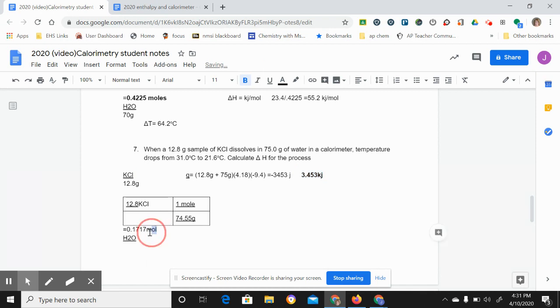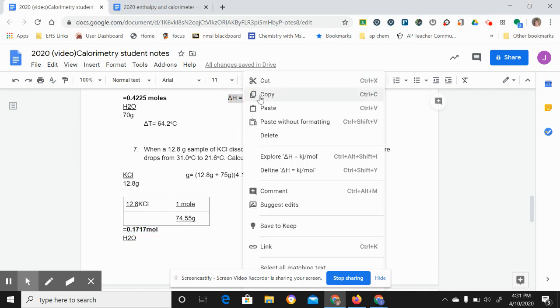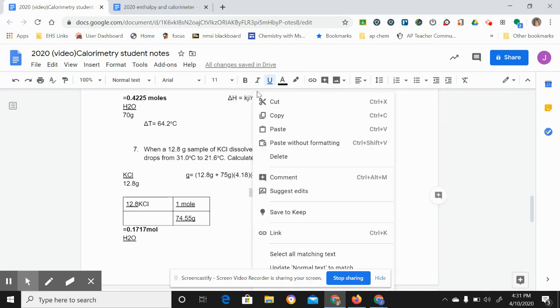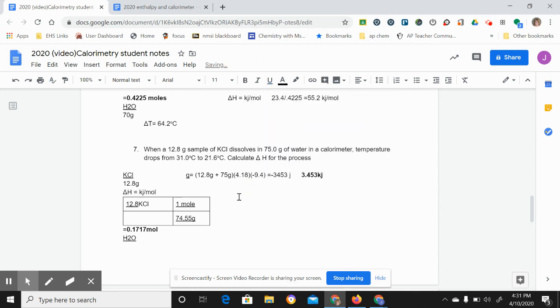So now I have my kilojoules. I have my moles. And my equation for my enthalpy is this, my delta H, kilojoules per mole.